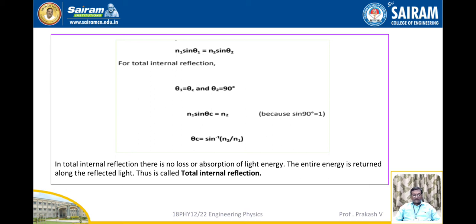Then the same equation takes the form n1 sin theta c is equal to n2, because sin 90 degrees is equal to 1. So finally the value of theta c is equal to sin inverse of n2 by n1, that is the critical angle. In total internal reflection, there is no loss or absorption of light energy. The entire energy is returned along the reflected light. Thus, it is considered as total internal reflection.